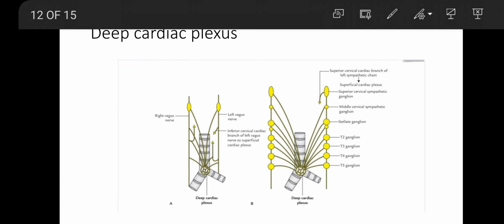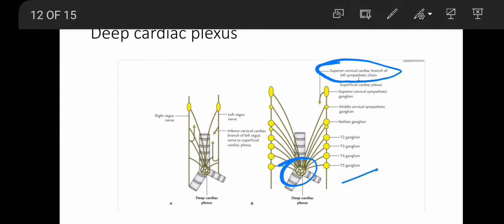All the cardiac branches from the cervical ganglia and the first 5 thoracic ganglia, on both sides, T1 to T5 level, are going to contribute to the deep cardiac plexus, except for the superior cervical cardiac branch of the left sympathetic chain.